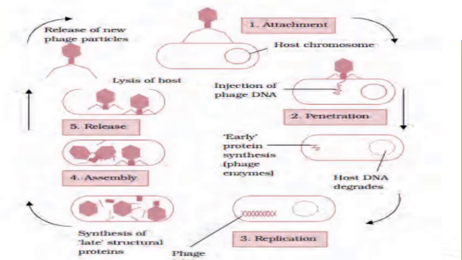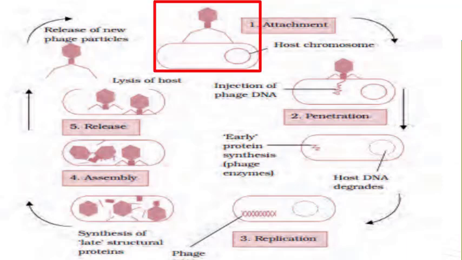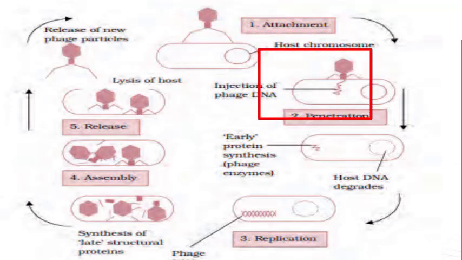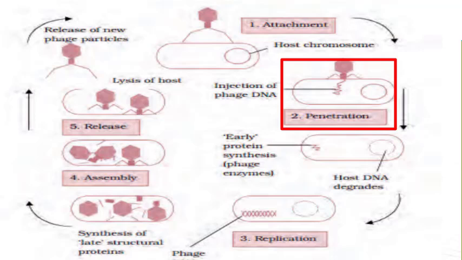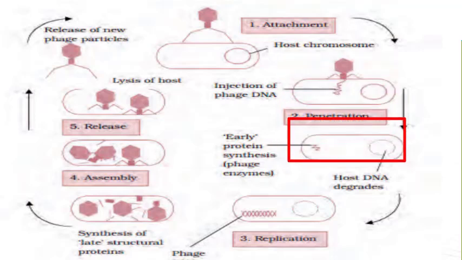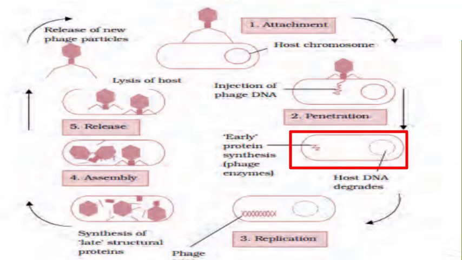As we can see from the diagram, in the case of the lytic cycle, first the virus or phage attaches itself to the host cell surface or receptors. Second, the virus injects its genetic material into the host cytoplasm, then degrades host DNA and controls early protein synthesis, that is, phage or viral enzyme synthesis.